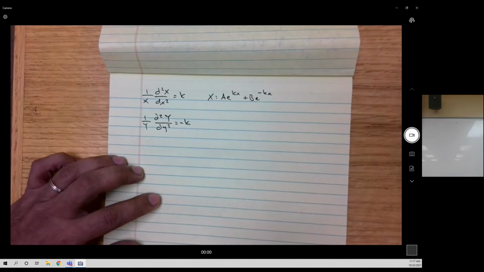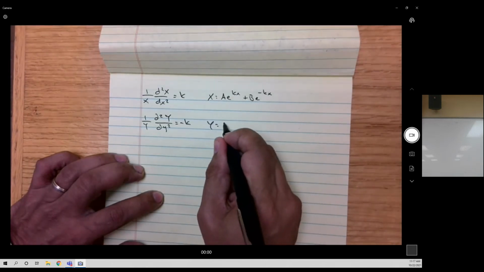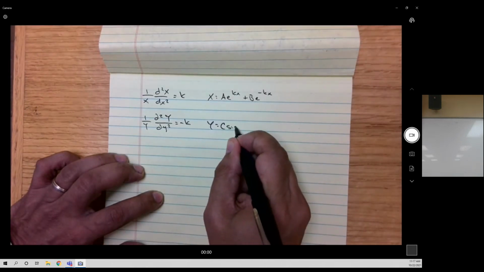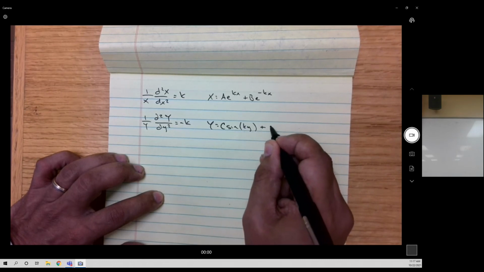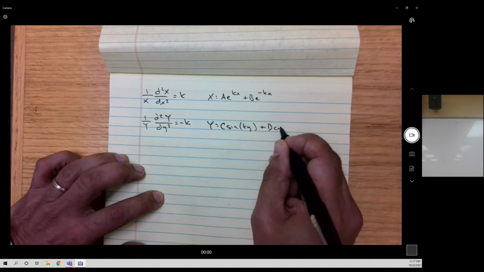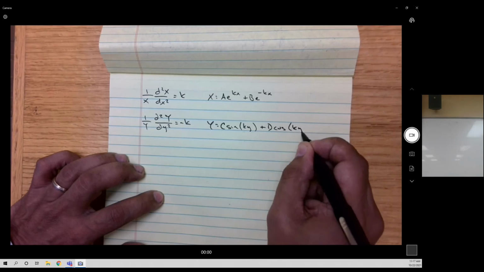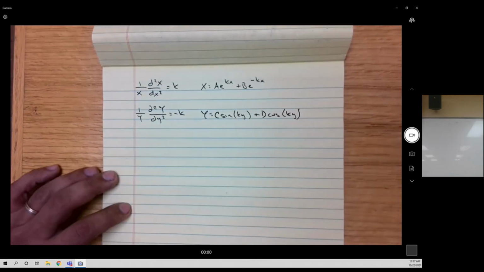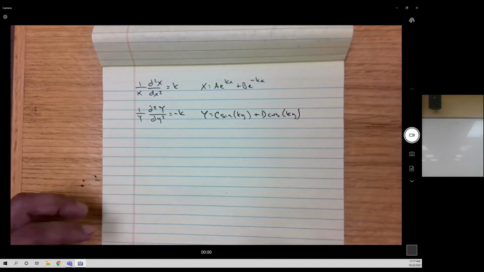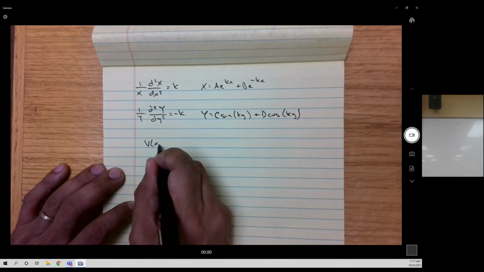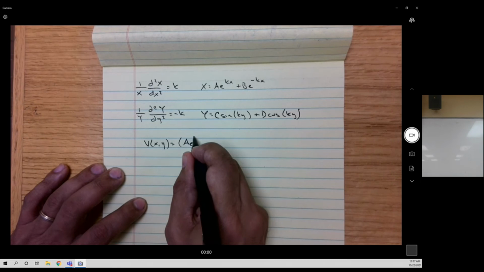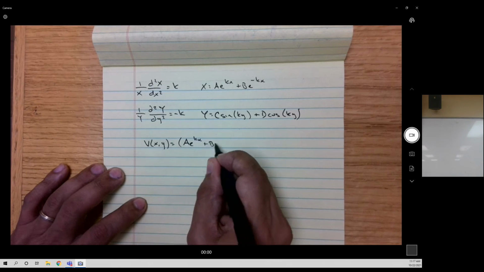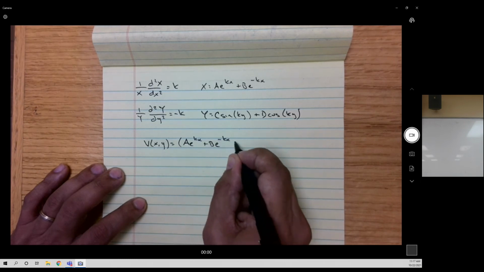And this one has a particular shape that is C sine of K Y plus D cosine K Y. And then I can find my V of X Y. Well, it's a general shape. That will be A e to the K X plus B e to the minus K X.